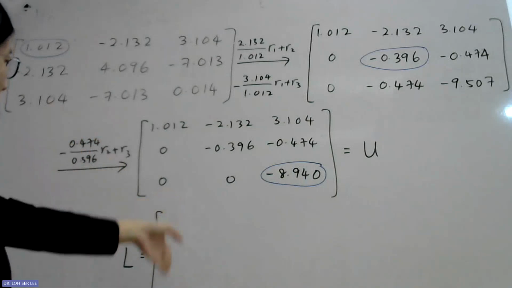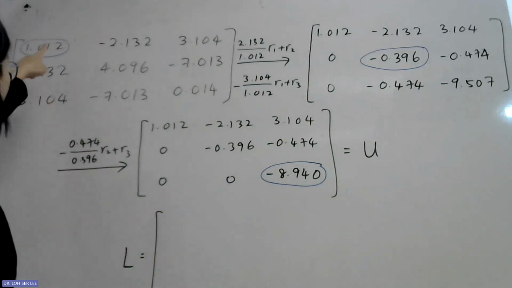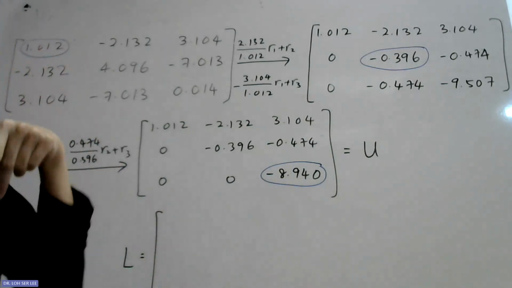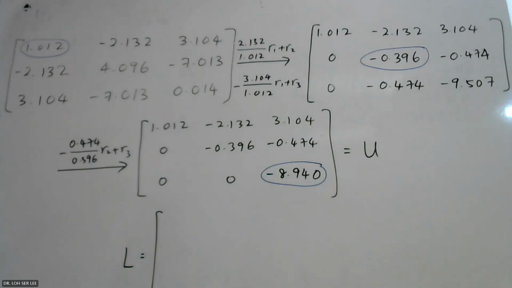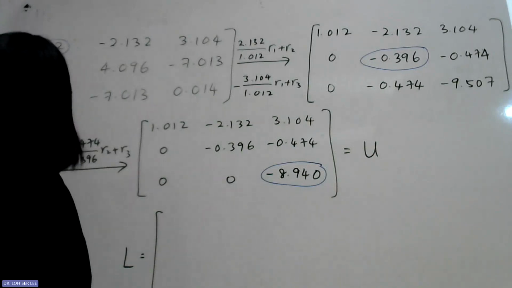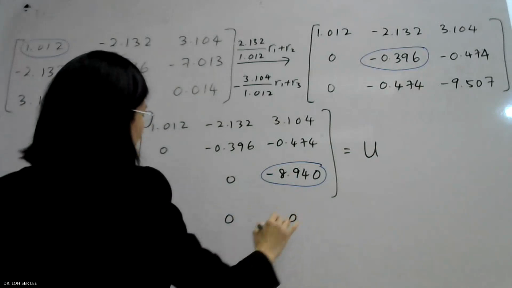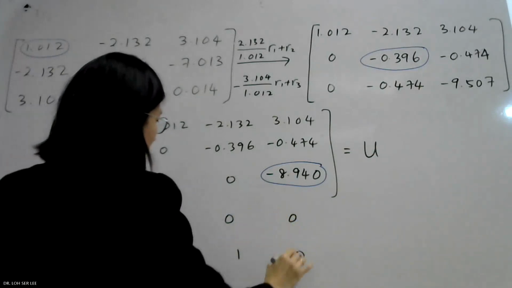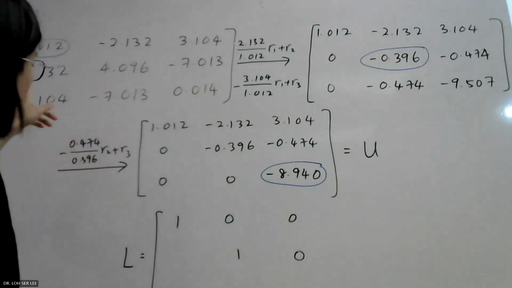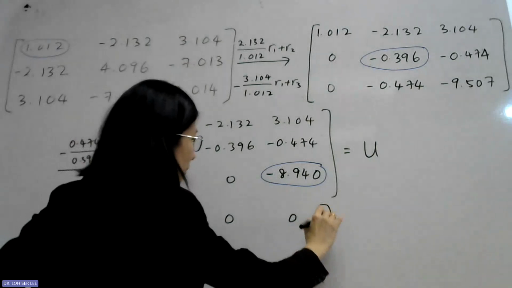So your first column of L will be this 3 divided by 1.012. Okay, so this one divided by 1.012, you get 1. This one should be 1.